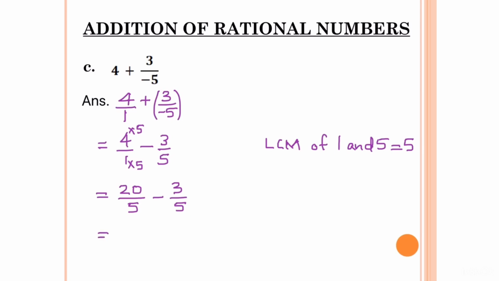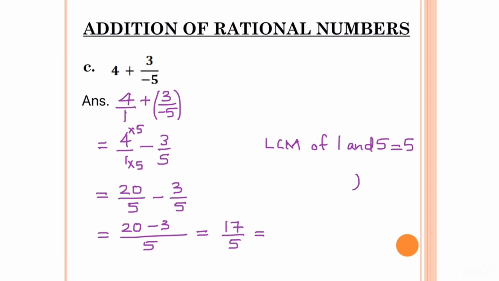So this is equal to, common denominator will be 5. We will subtract the numerators. So we get 20 minus 3 is 17, 17 by 5. Since it is in improper form, we will convert this into mixed form.